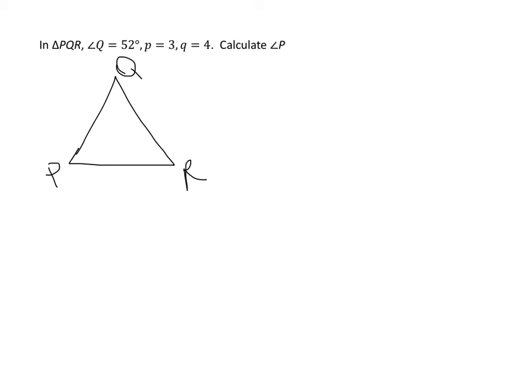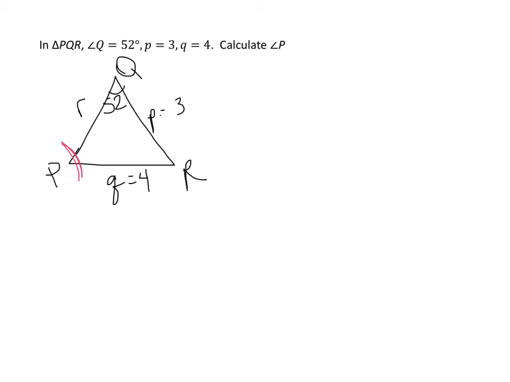Remember that the side has the same name as the angle that's opposite. Angle Q is 52. Side p is 3. Side q is 4. We are looking for angle P.